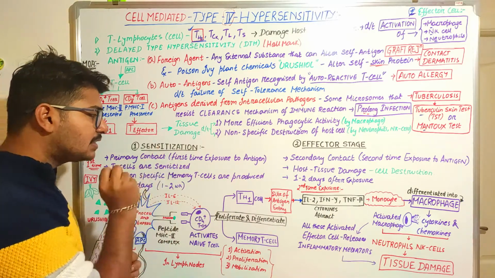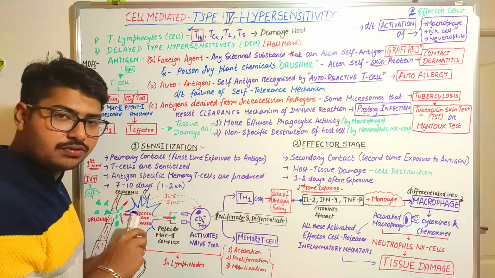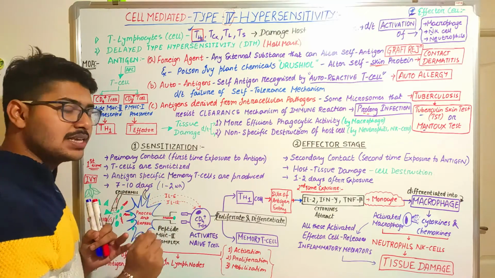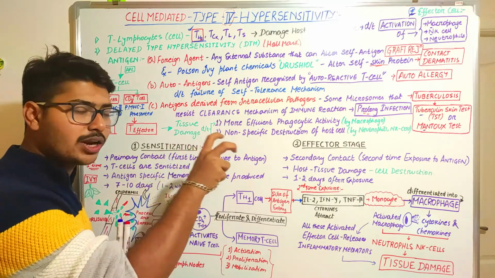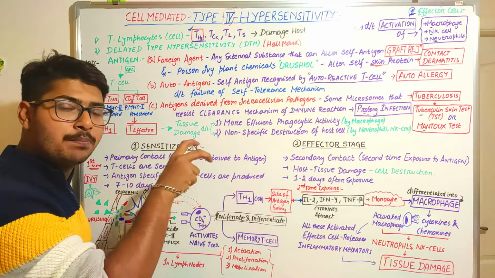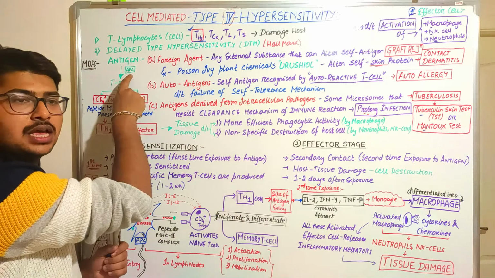What happens in this sensitization? When the antigen is exposed for the first time, the T cells are sensitized. It means the T cells are going to recognize the type of antigen, or what type of peptides will be presented by the antigen presenting cells.